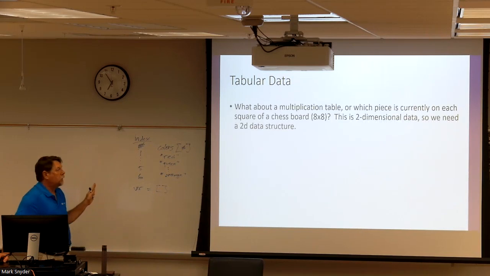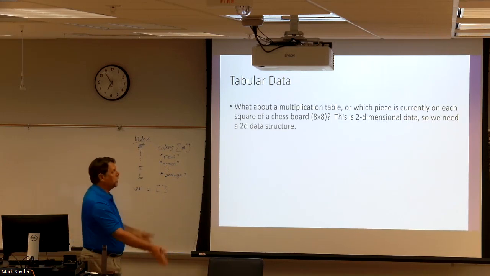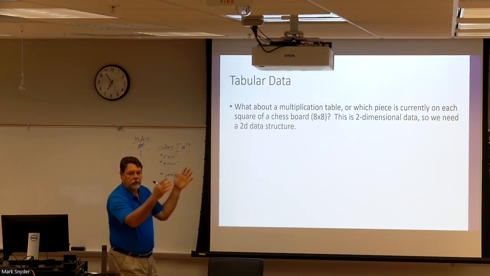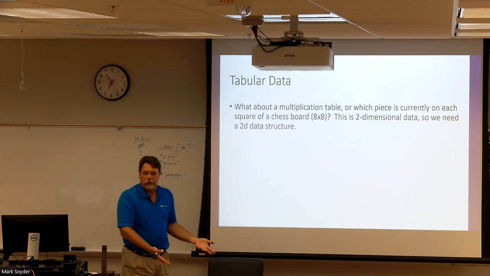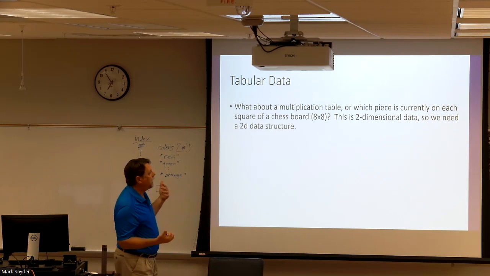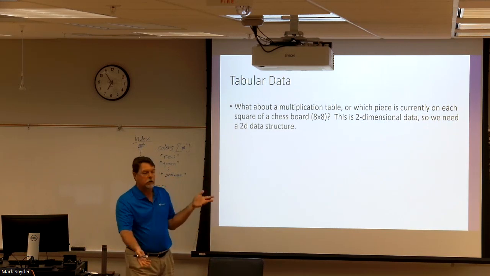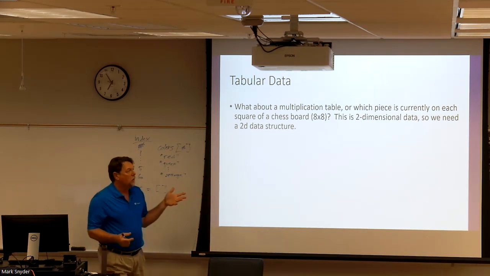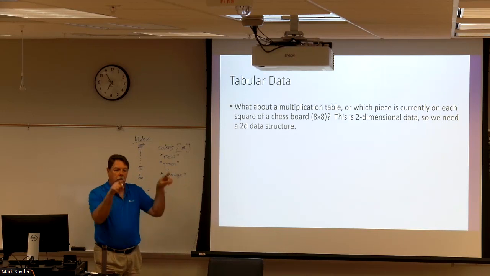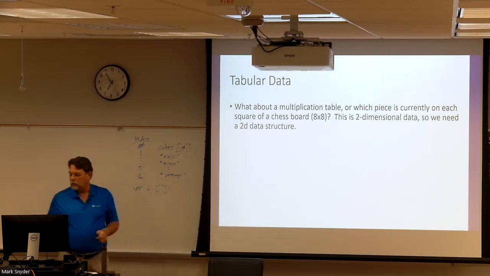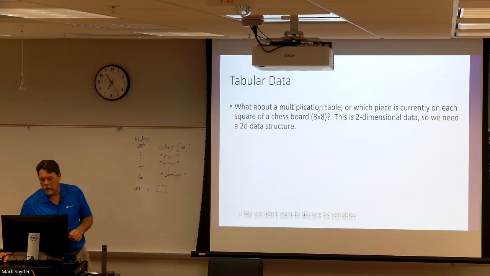Okay, so now we're going on to two-dimensional stuff. So if I was taking input from the user, let's say I wanted to produce a multiplication table. We had a program like that, right? Or if I want to keep track of which piece is on the chessboard in each square, or Othello or checkers, then it's two-dimensional tabular data, so we need a two-dimensional data structure.